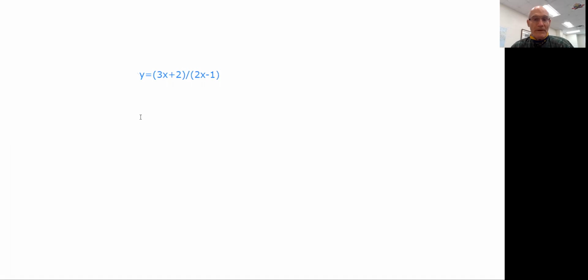Step one, when we are trying to find an inverse, since the coordinates flip when you go from the function to its inverse, the x becomes y and y becomes x.